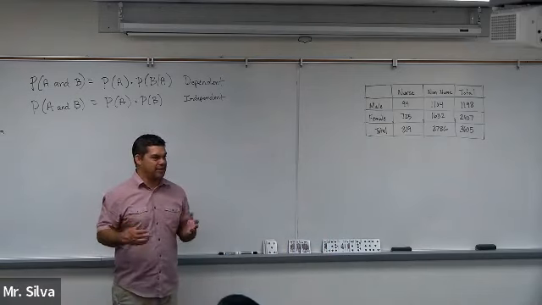The way it's written, this is event A, and this is event B. A comes first before B. So probability of being male, given that they are a nurse. Being a nurse comes first, so that's kind of important.